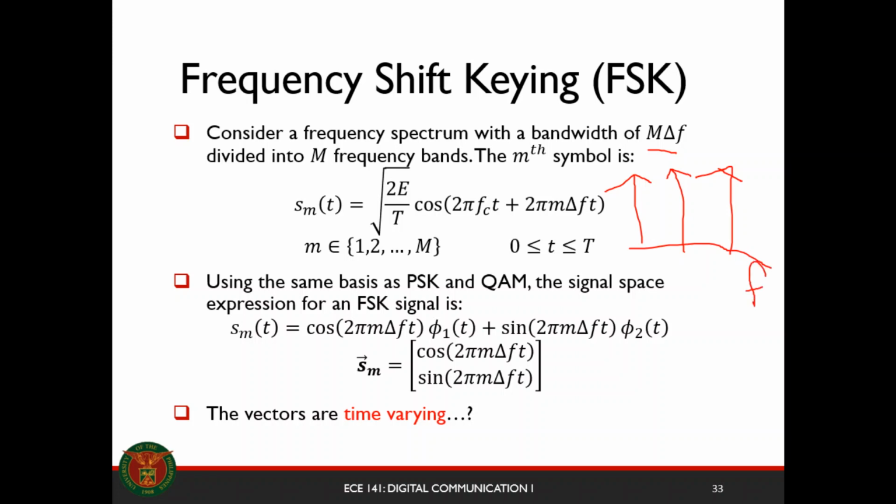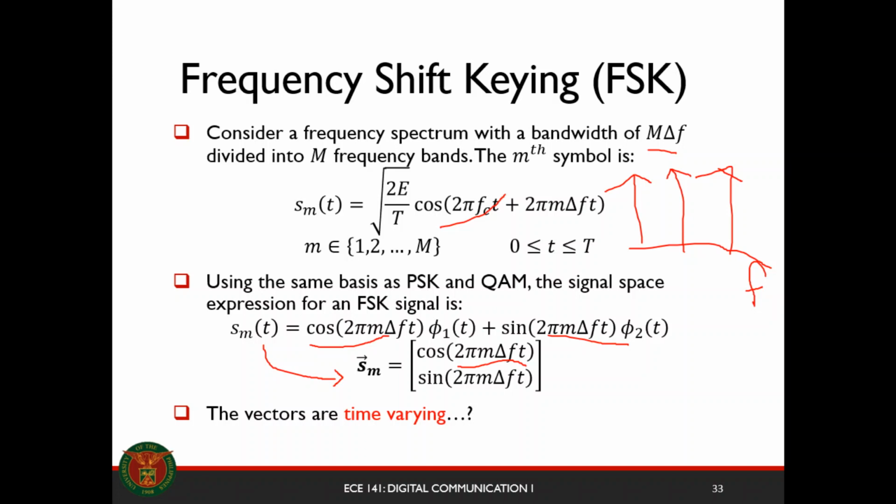All right. So if we use the same basis as PSK and QAM, we can represent this in signal space. So we just expand this expression right here, and we get this. So the vector representation of an FSK signal is, wait, it's time varying.